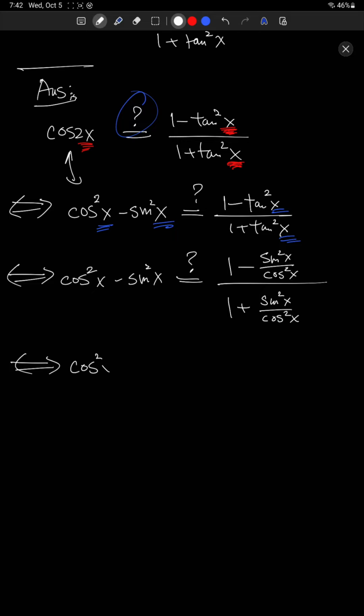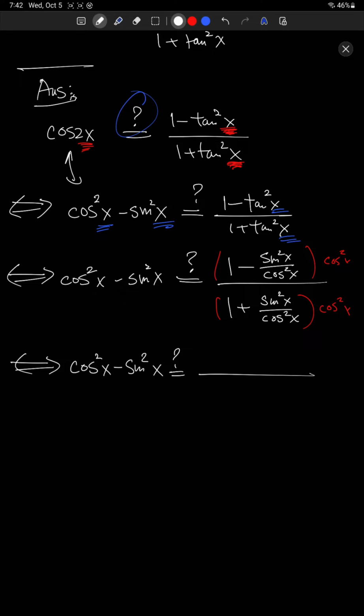And so my thought process here is I'm going to multiply the top and the bottom, by cosine squared x. My thought is that if I do that, then this cosine squared x down here is going to cancel away, and this one down here is also going to cancel away. And so instead of a fraction on top of a fraction, quotients over quotients, which is horrible, I'm just going to end up with a single quotient.